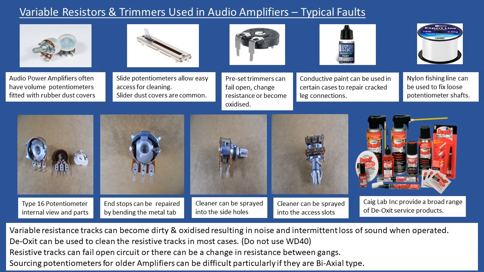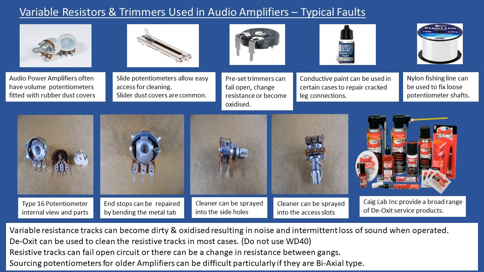Now underneath there, what I'm showing here is the insides of a type 16 potentiometer. I've just removed the rear wafer, and you can see it here. It shows the three terminals, that's the one in the middle there, and then you see the resistive carbon track.